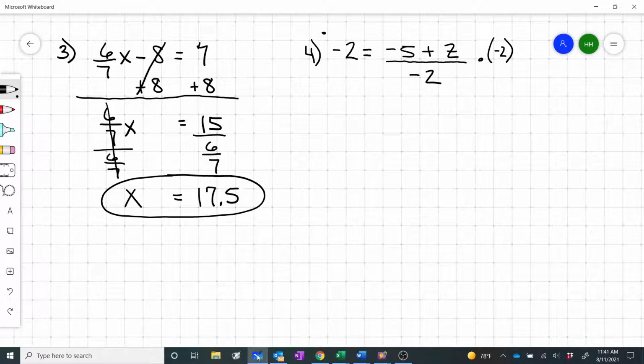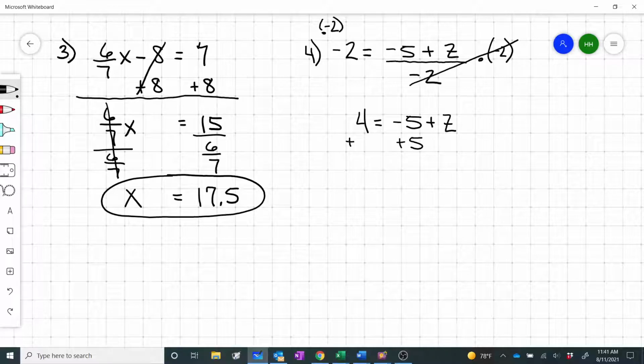These negative 2's will cancel out. So negative 2 times negative 2 on the left is positive 4. And that's equal to negative 5 plus z. And then add 5 to each side. And 9 is equal to z.